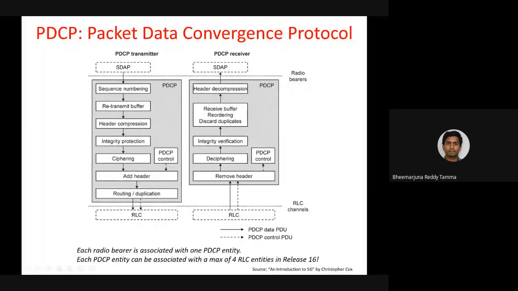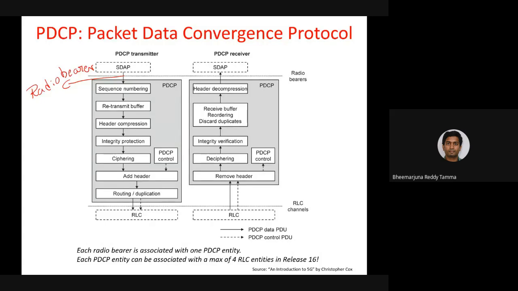Let's look at what the PDCP layer is doing with this illustration. Look at what we have discussed so far. We looked at the SDAP layer. So the SDAP layer takes the QoS flows and maps them to something called radio bearers.